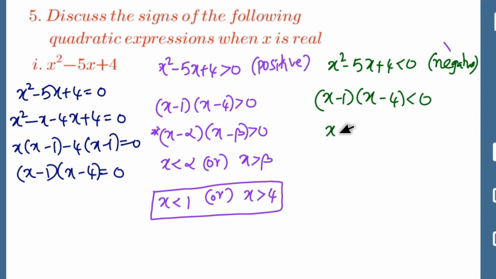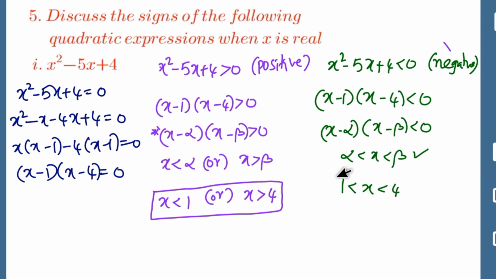So this is in the form of x minus alpha into x minus beta less than 0. Therefore alpha less than x less than beta. This is the formula. So it is negative when alpha value 1 less than x less than 4. So the expression is negative when 1 less than x less than 4.